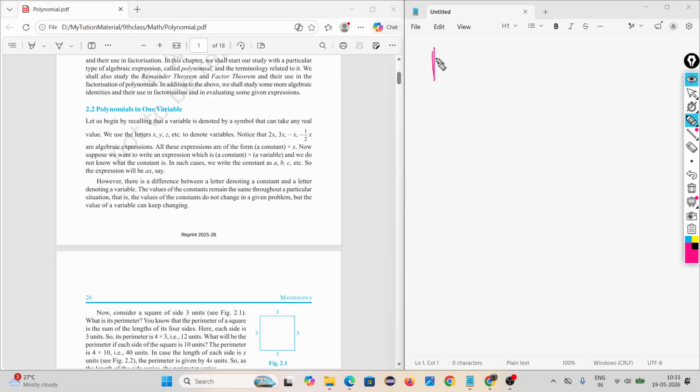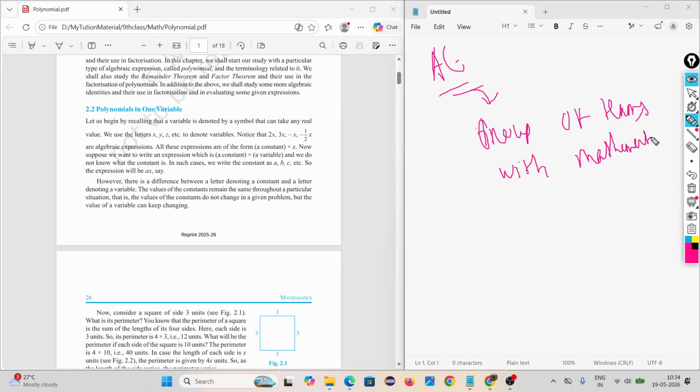Then algebraic expression is nothing but a group of terms with mathematical operations.